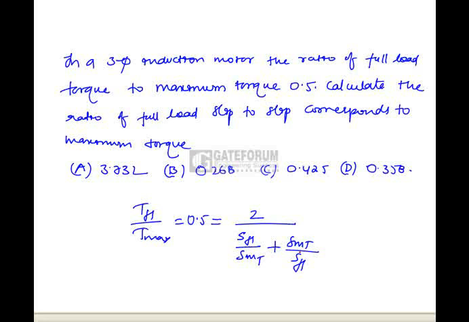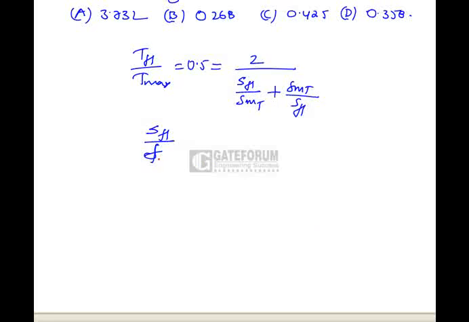I will take the ratio of slip at full load to slip at maximum torque as X, so I can write this as 2 by (X plus 1 by X). From this ratio we find X is equal to 0.268. So option B is the correct answer.